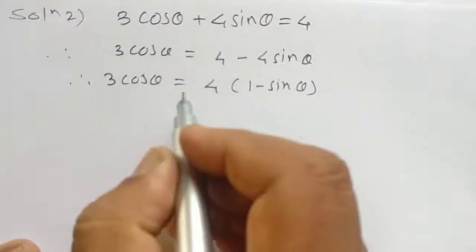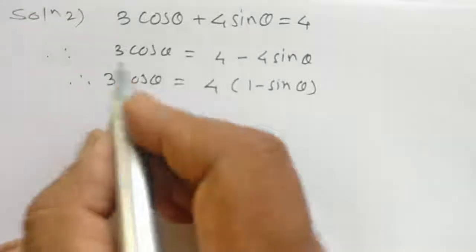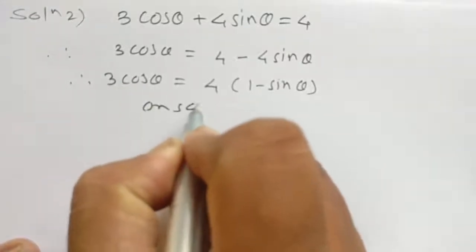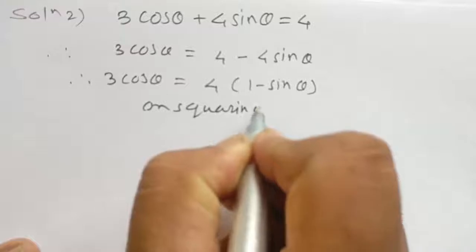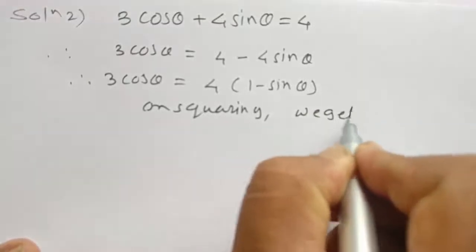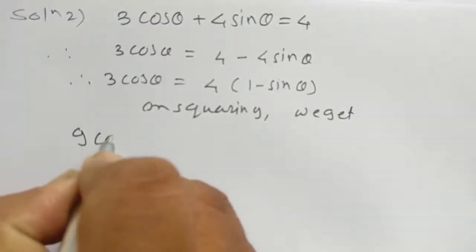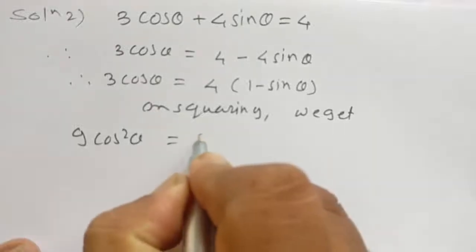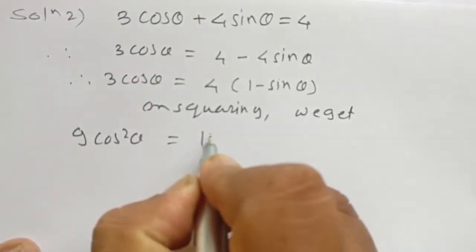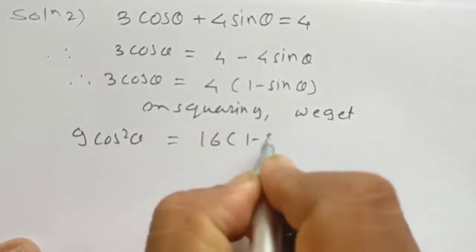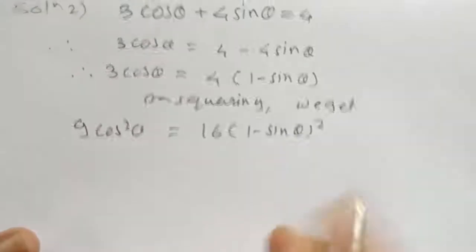Squaring both sides, we get 9cos²θ = 16(1 - sinθ)², since the square of 4 is 16.